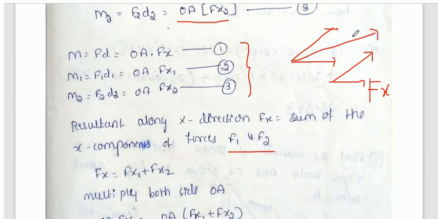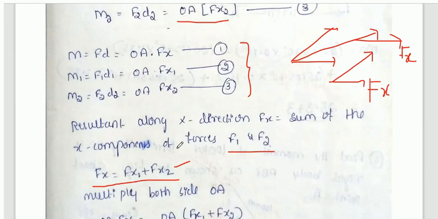The x component of the resultant, Fx, is equal to F1x plus F2x. That is, the resultant in the x direction is equal to the summation of the horizontal components of forces F1 and F2. You are aware of this concept.